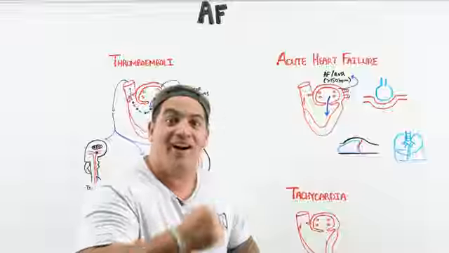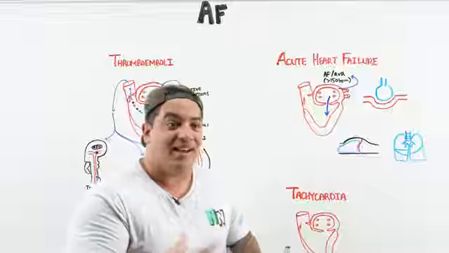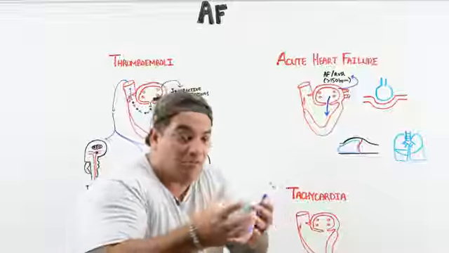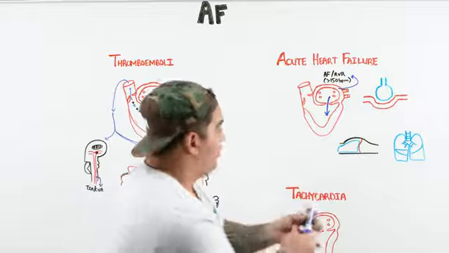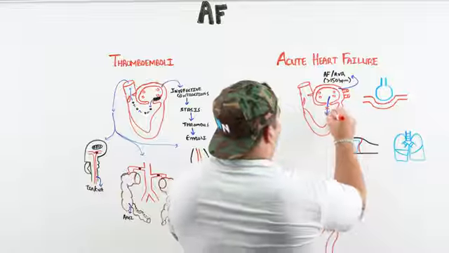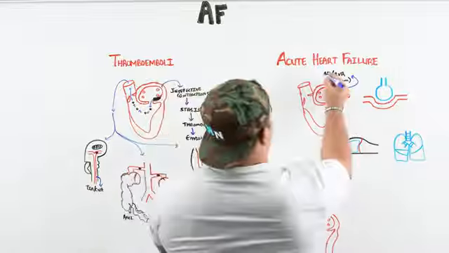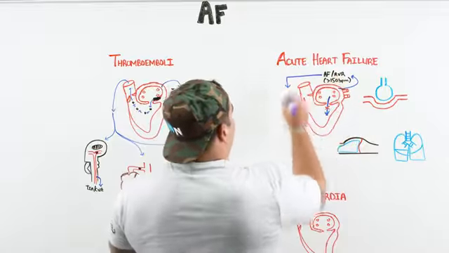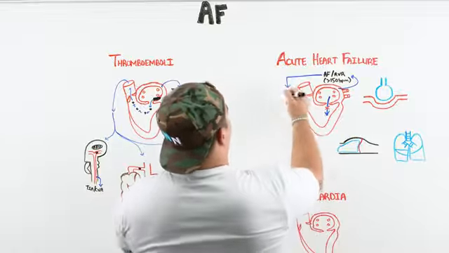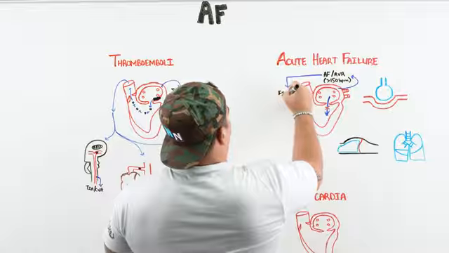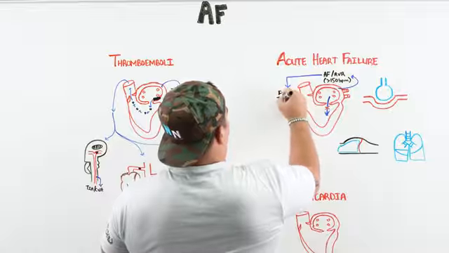Imagine if they're beating 150 times per minute, that is giving them very little time to fill with blood and then contract a normal volume of blood. So their filling process is decreased. Because of such a fast rate, they end up with a decreased filling time.